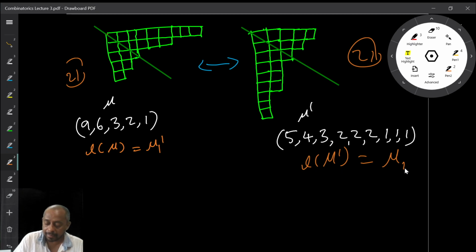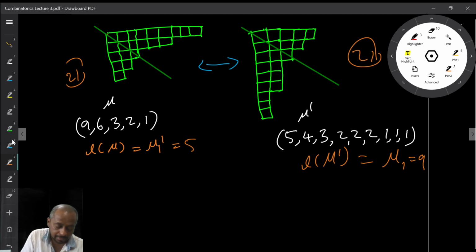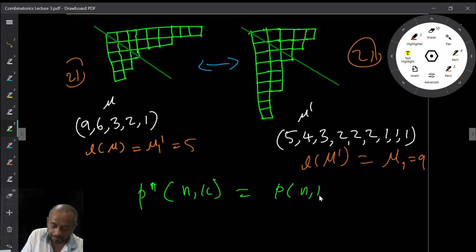So this is equal to 9. So this gives a pictorial proof that P star of n comma k is equal to P of n comma k.